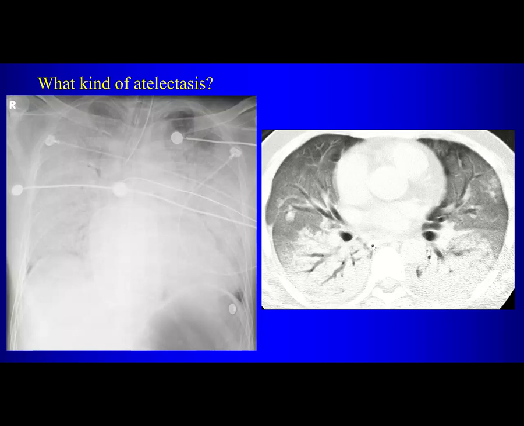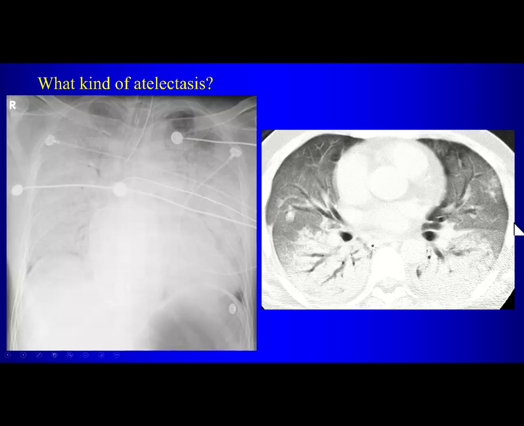ARDS, right. And so if we're talking about atelectasis, then what kind of atelectasis is this? Adhesive atelectasis, which is caused by surfactant deficiency, right. So you can see the same thing in newborns with respiratory distress. It's from surfactant deficiency, but it occurs in ARDS too.